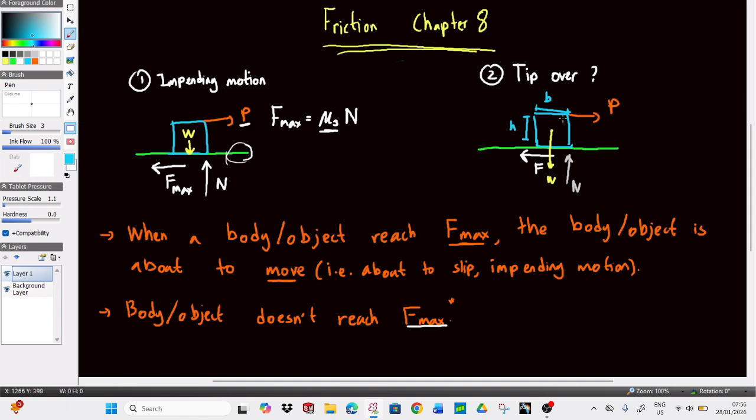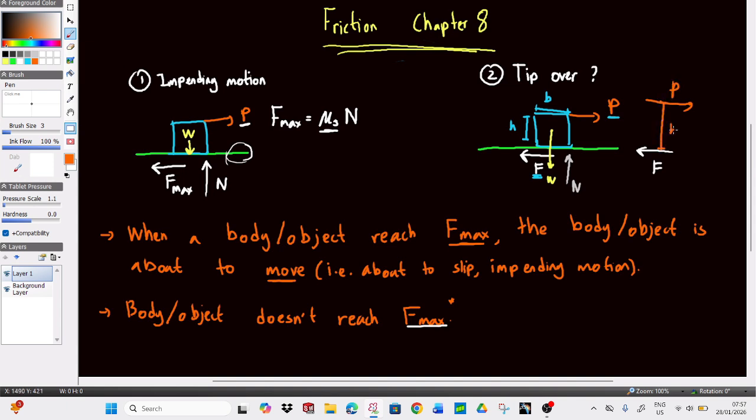As we apply P, and the frictional force is counteracting the object, it creates a moment. Remember couple moment? This P and this F will create a couple moment on the box itself.